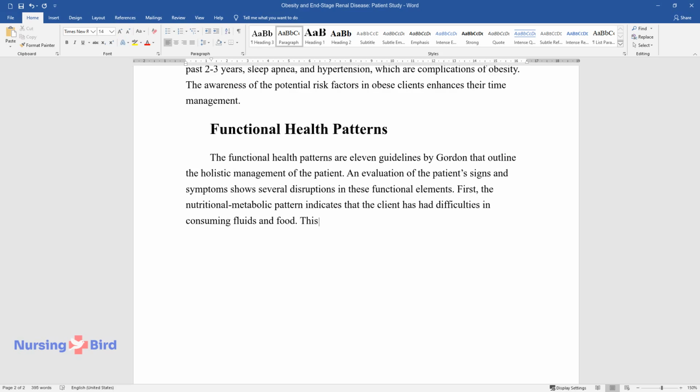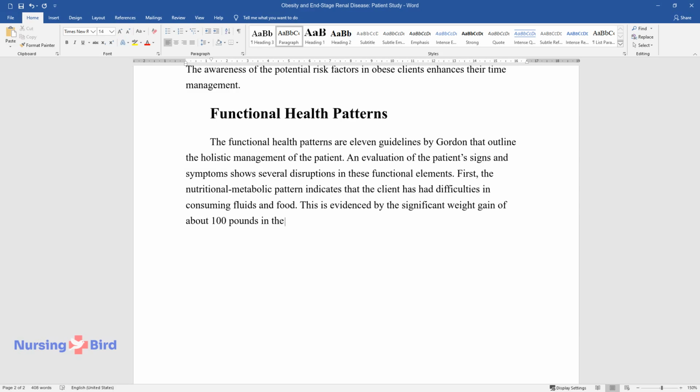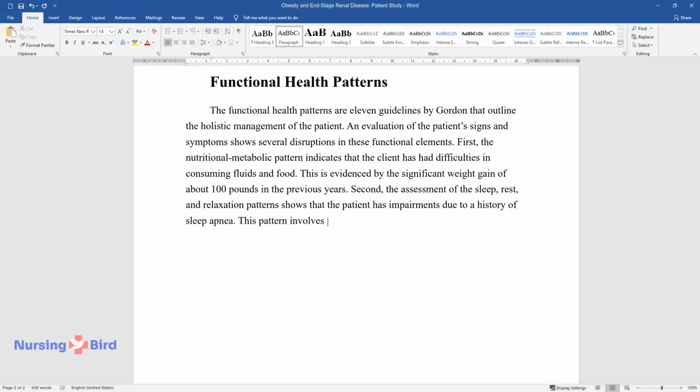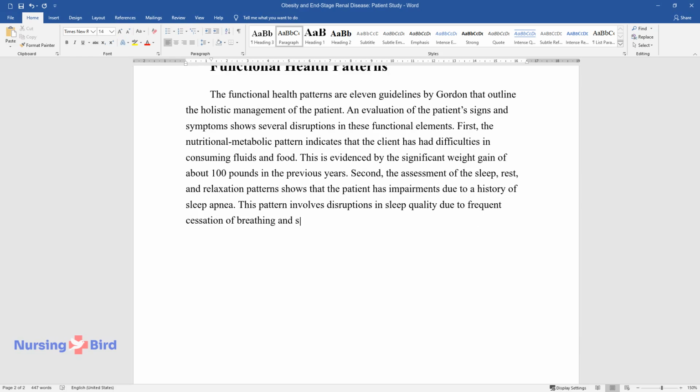This is evidenced by the significant weight gain of about 100 pounds in the previous years. Second, the assessment of the sleep, rest, and relaxation pattern shows that the patient has impairments due to a history of sleep apnea. This pattern involves disruptions in sleep quality due to frequent cessation of breathing and snoring, making the client feel tired when waking up.